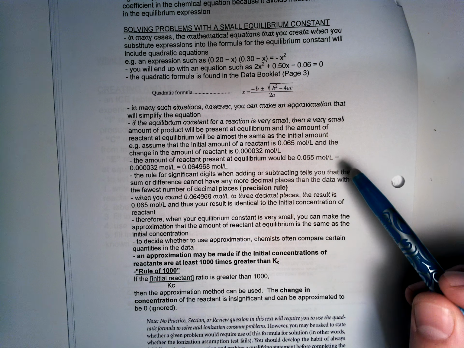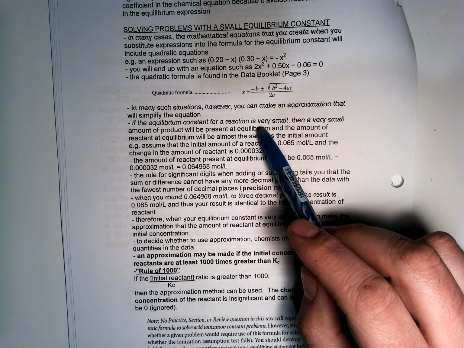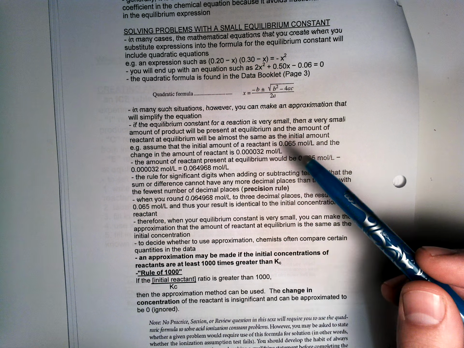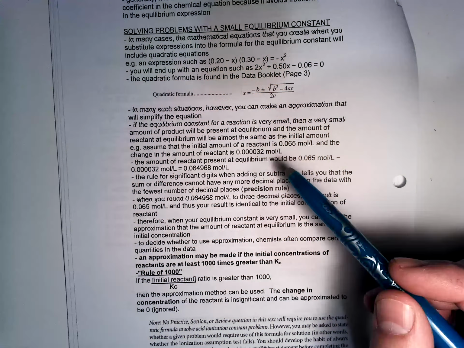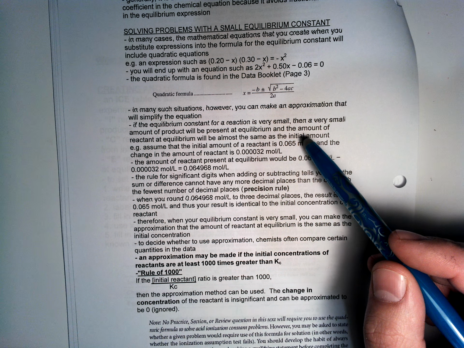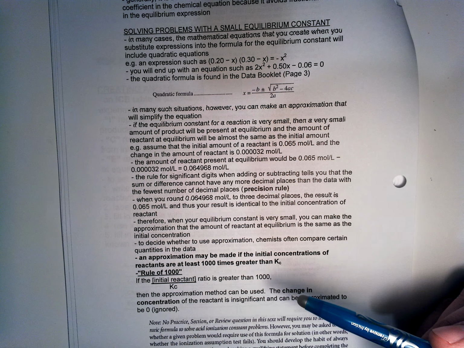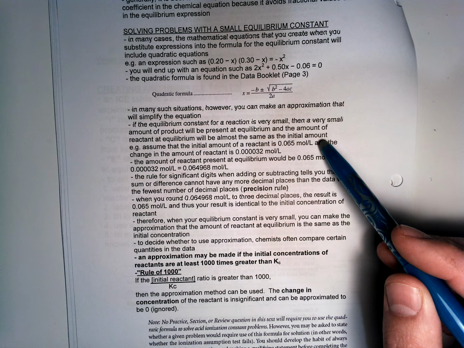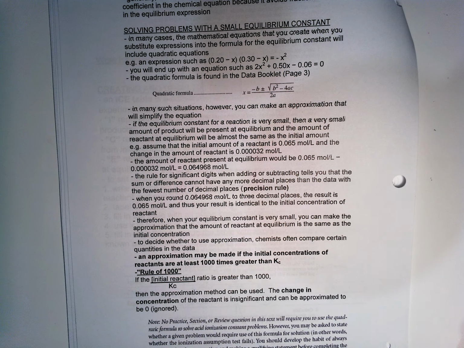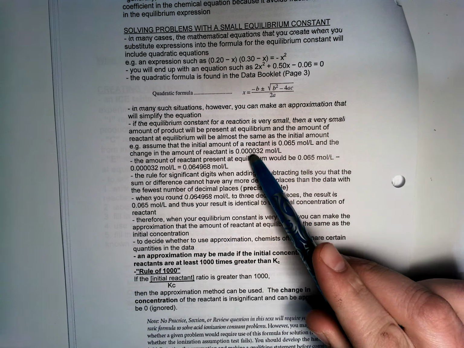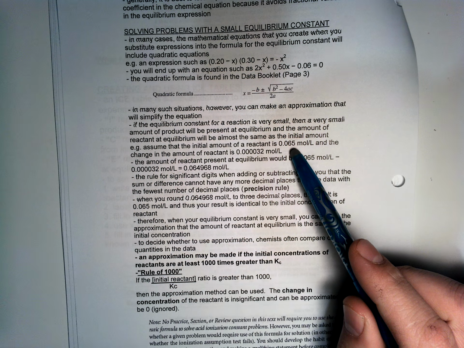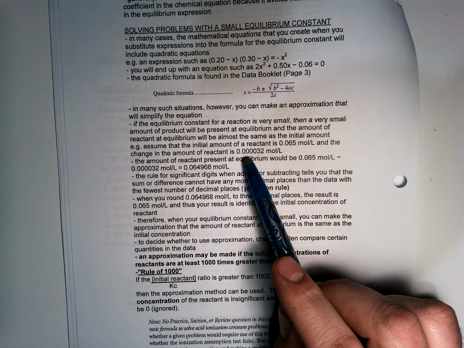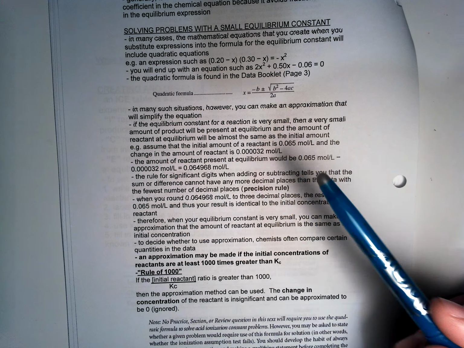If the equilibrium constant for a reaction is very small, then a very small amount of product is going to be present, because it's going to favor the reactants. The amount of reactants at equilibrium will be almost the same as the initial amount. So assume the initial amount of the reactant is 0.65, and the change in that amount is 0.000032.